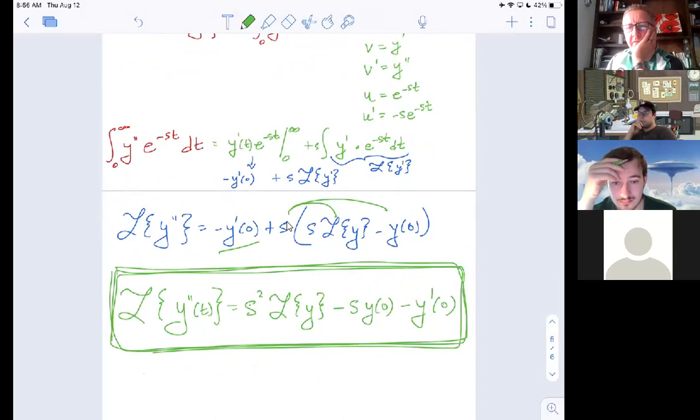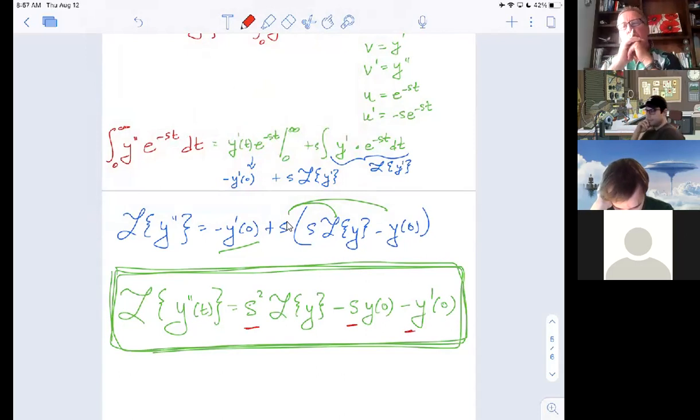Now, I'd like you to look at that for a pattern for a second. What do you notice about the s's in those three terms? This is what mathematicians are all about, is patterns. What do you notice about the s's? They're quadratic in nature.